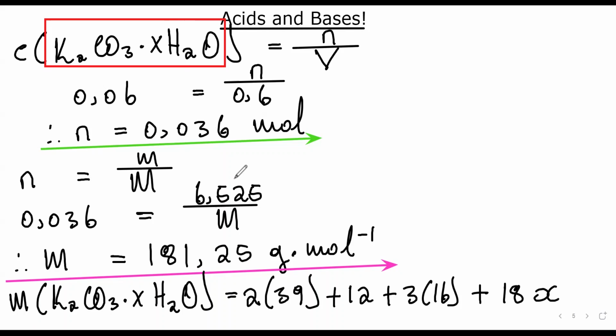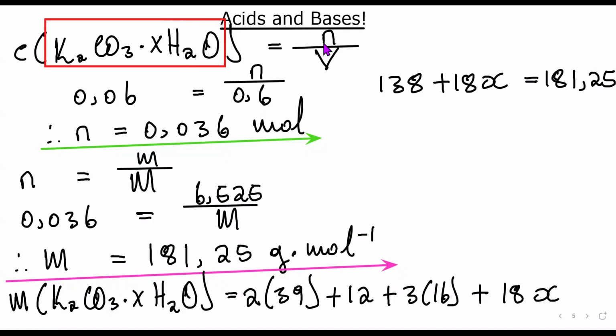And if you now say 2 times 39 plus 12, 3 times 16, you get 138. So you have 138 plus 18x, and this is equal to 181.25.